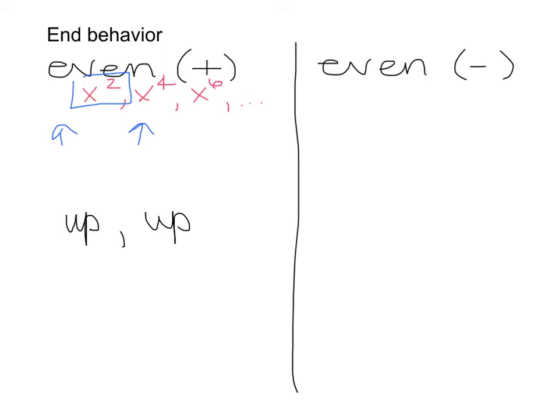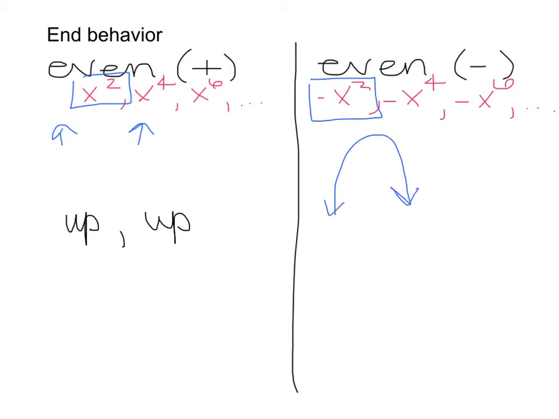Even negative polynomials are like negative x to the 2nd, negative x to the 4th, negative x to the 6th, and so on. So it has that negative sign out in front. So again, we know what negative x to the 2nd looks like. Remember, it takes the parabola and flips it over.